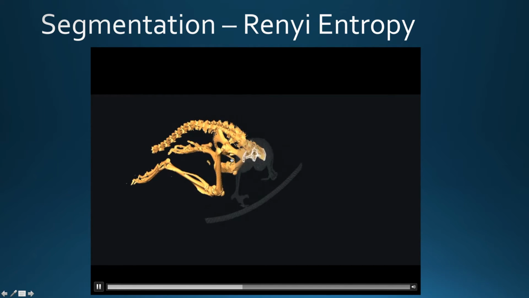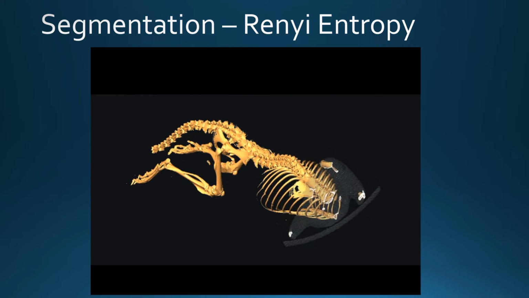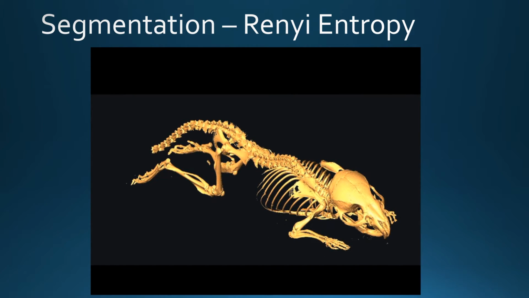We took that segmented bone and superimposed the BMD, bone mineral density, on top of it. With the segmented bone, we are able to visualize just the bone alone, and all those tissues are no longer visible here. And the code.